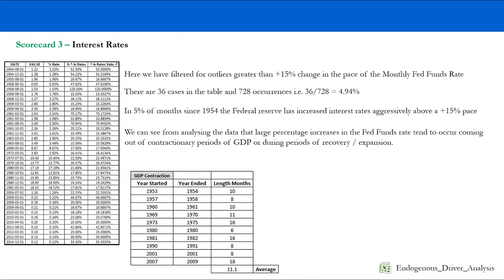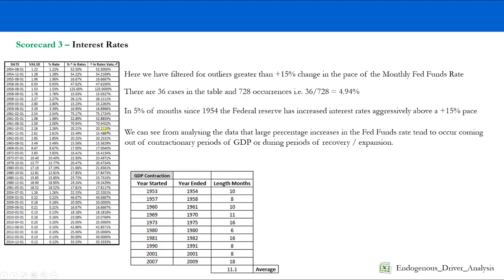And we can see from analyzing the data that the large percentage increases in the Fed funds rate tend to occur coming out of the contractionary periods of GDP or during the beginning periods of recovery and expansion. And if we look at the data, we can see this holds true. There are a couple of anomalies.